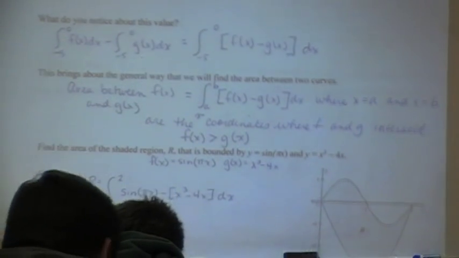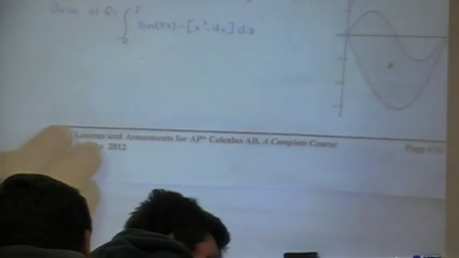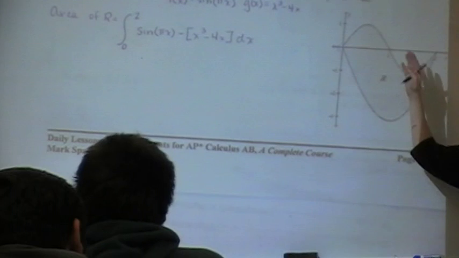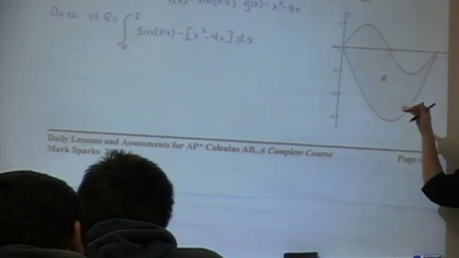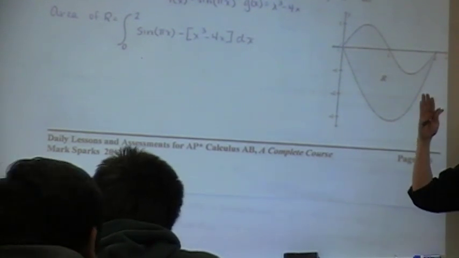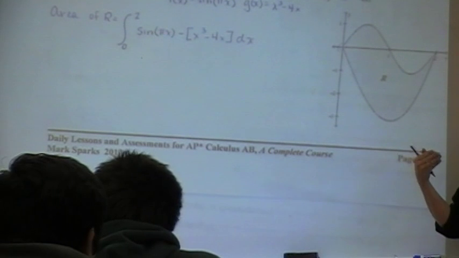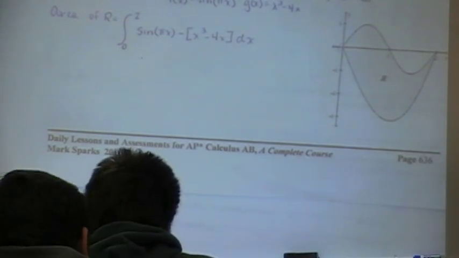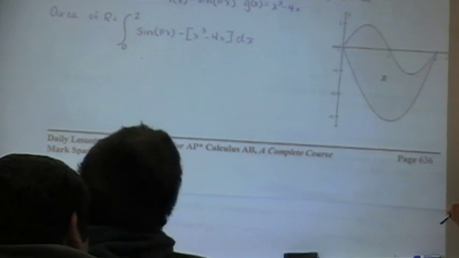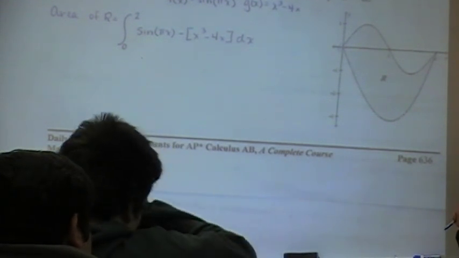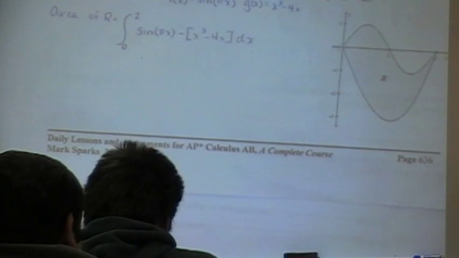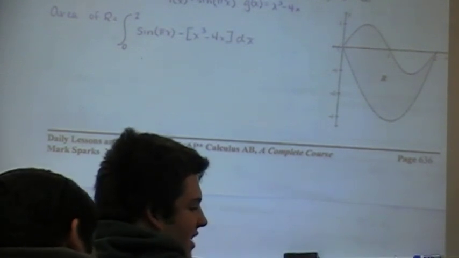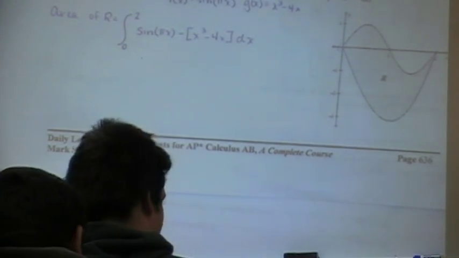In this particular picture, this area, does it make sense to take the antiderivative of each piece first, or does it make sense to simplify the function first? No, because it's sine. There's nothing that is going to cancel. If it was two polynomials, it would make sense to simplify.